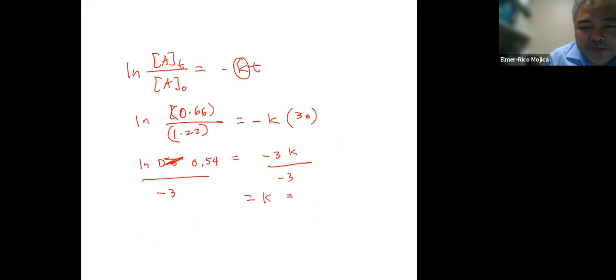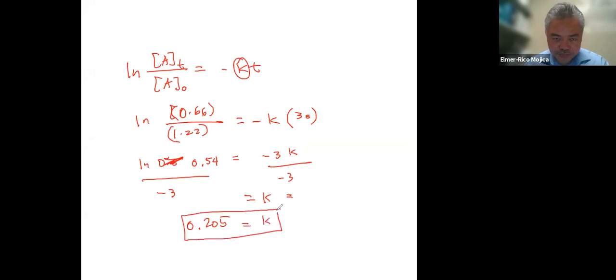There, I found the calculator. ln 0.54 divided by negative 3. I get 0.20 something, or 0.21. And unfortunately, the closest that you have is the 0.23, right?